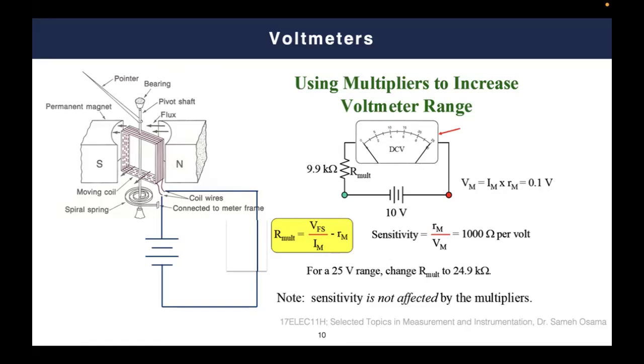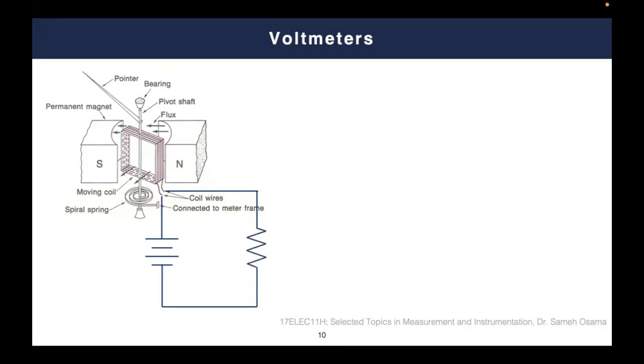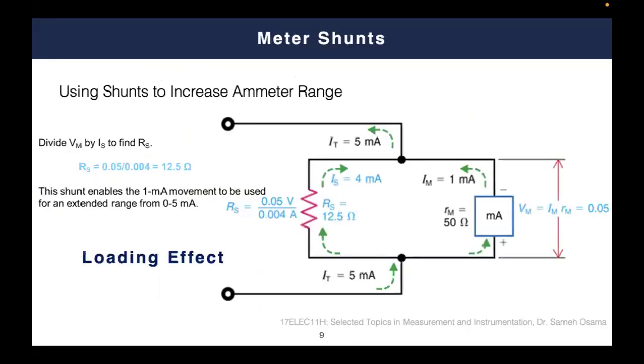Many times, you need to measure voltage greater than 0.1, in the hundreds of millivolts range, or even tens or hundreds of volts. Now, if you add a resistance in series, this resistance in series will not impact the voltage. If you add the resistance in parallel, which is the same as in the previous example, this resistance will not impact the voltage.